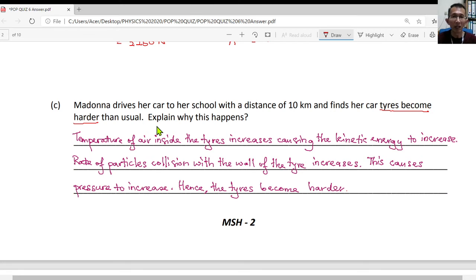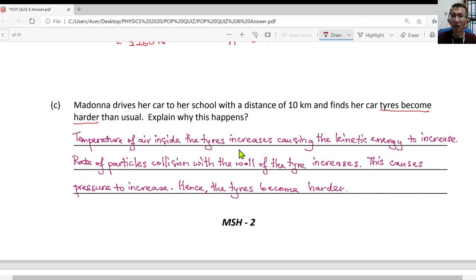But what is causing the rate of collision to increase? Well, it's due to the increase in the kinetic energy. But then what makes our kinetic energy increase? Well, increase in the temperature of the air inside the tire. Okay, so I am answering it backwards.